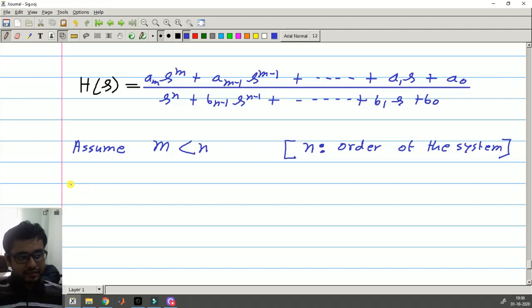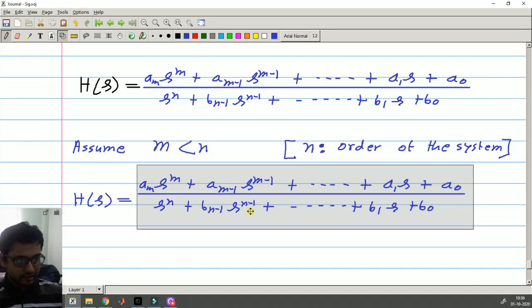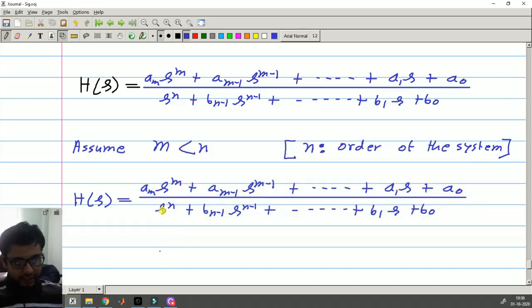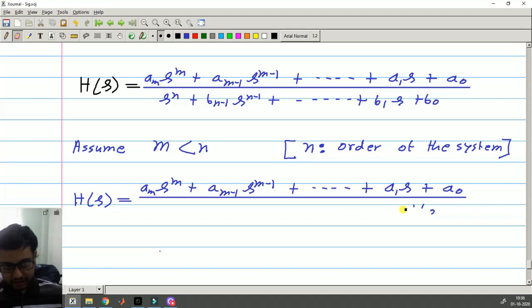Then H(s) you can write in this way. Let me factorize the denominator polynomial in the following way.